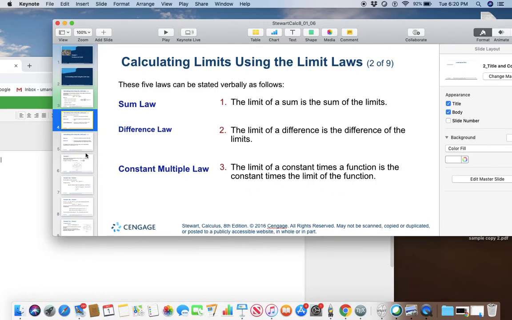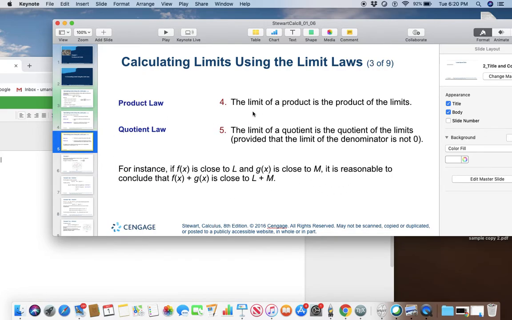It's the same. All right. Product law: limit of a product is the product of the limits. Quotient law: the limit of a quotient is the quotient of the limits, provided that the limit of the denominator is not 0. For instance, if f(x) is close to L, g(x) is close to M, it is reasonable to conclude f plus g is close to L plus M. That's the idea we are using.